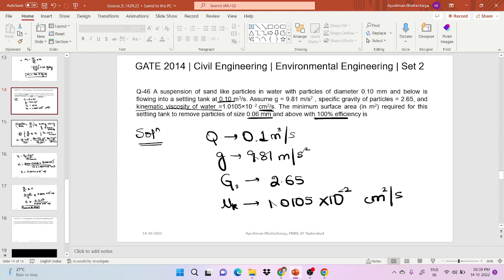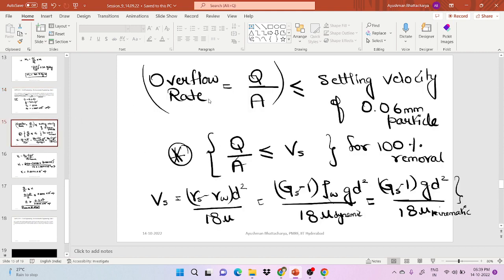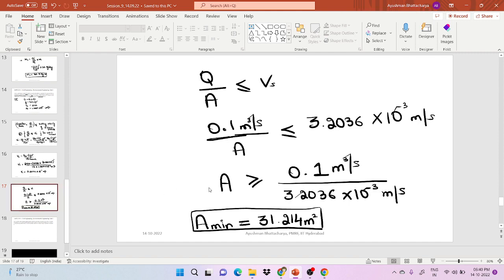For 100% efficiency, we know the basic concept: overflow rate should be less than or equal to settling velocity. Using the same concept, we first calculated the value of settling velocity, then placed the value in this expression, and we have the value of Q in the question. From there, we calculate the value of A, the surface area. This is the minimum surface area.